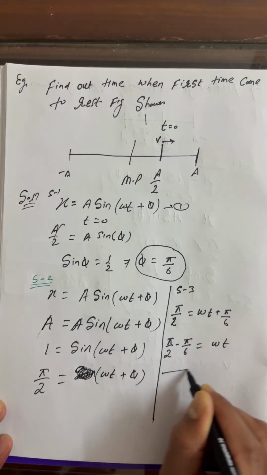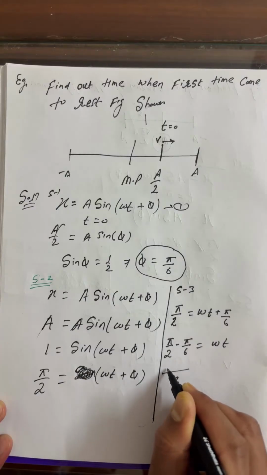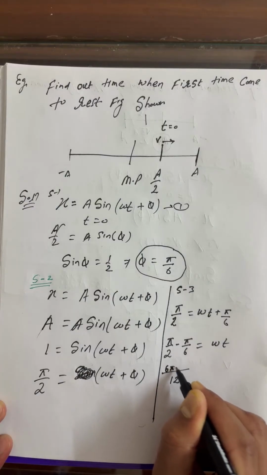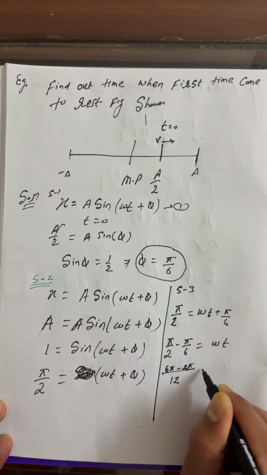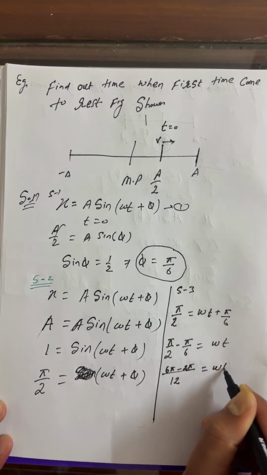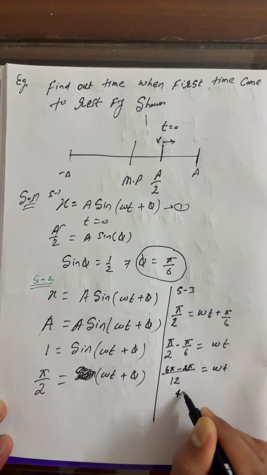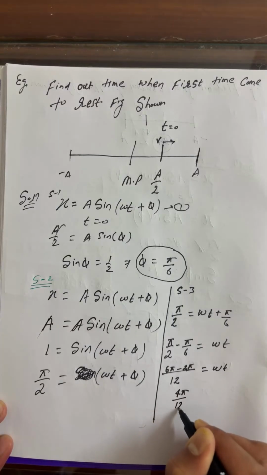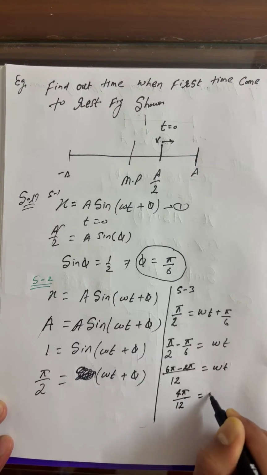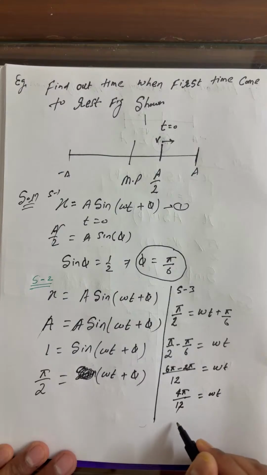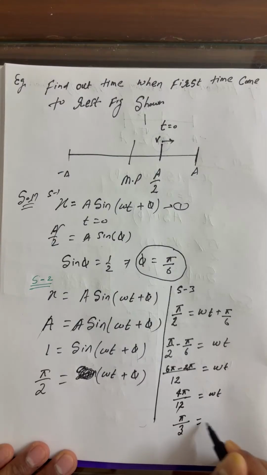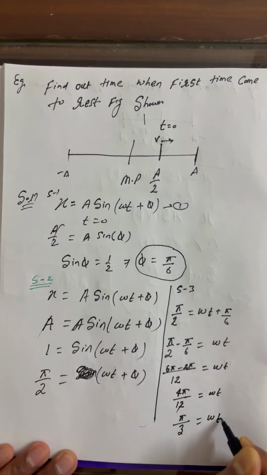Take the LCM, which is 12. So we can write 6 pi minus 2 pi is equal to 12 omega t. So this is 4 pi by 12 is equal to omega t. Now you can say 4 by 12 is 1 by 3, so pi by 3 is equal to omega t.